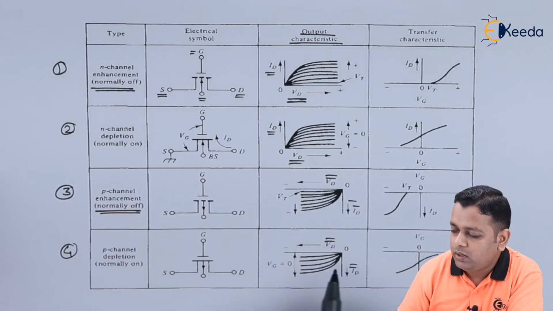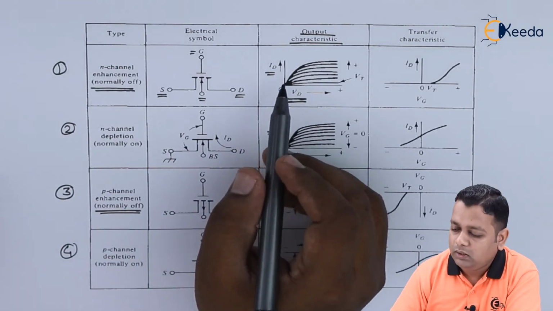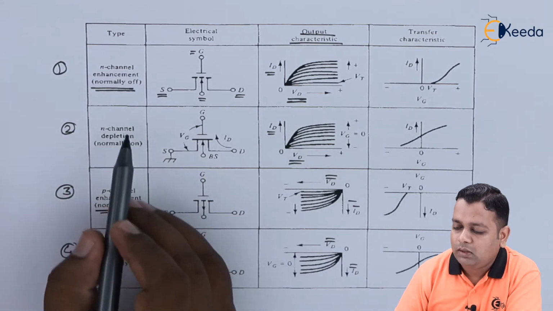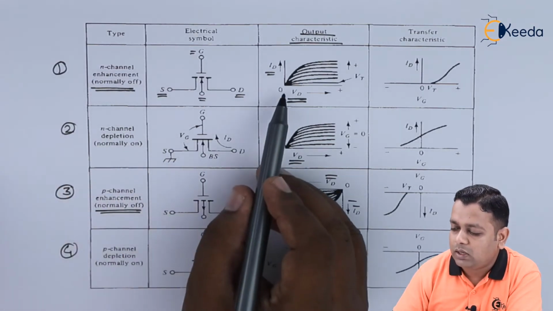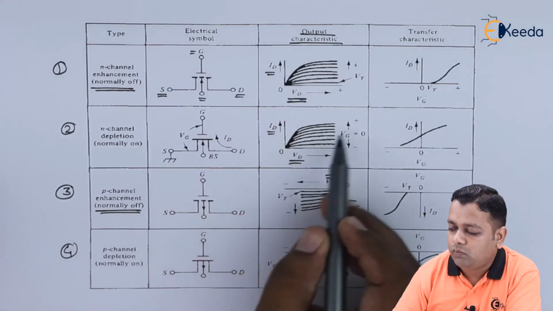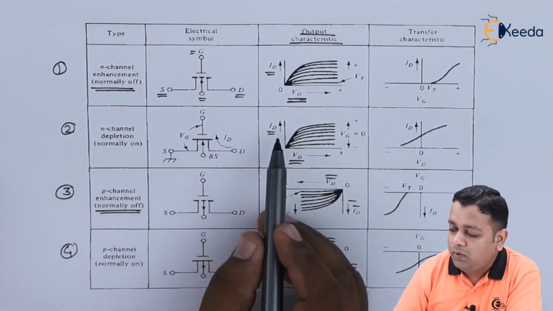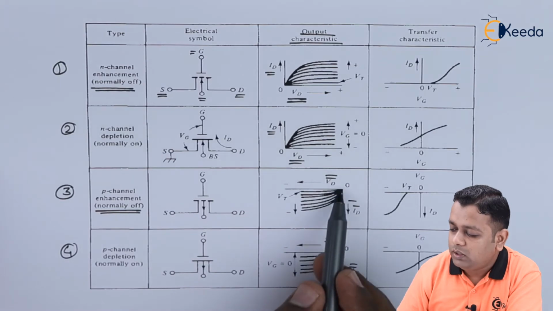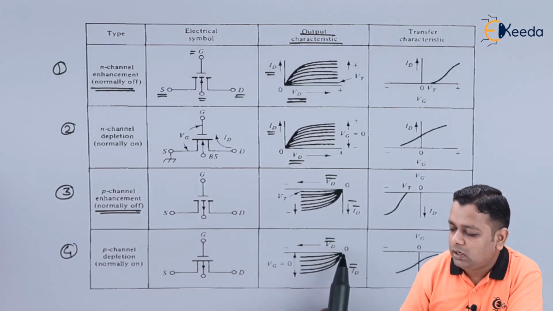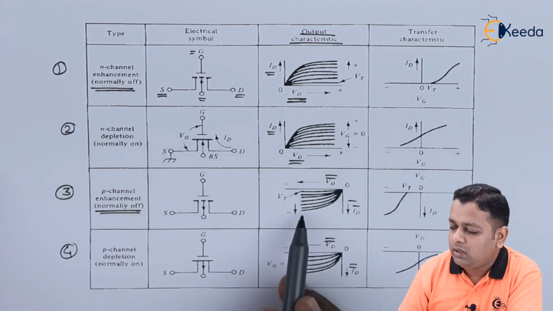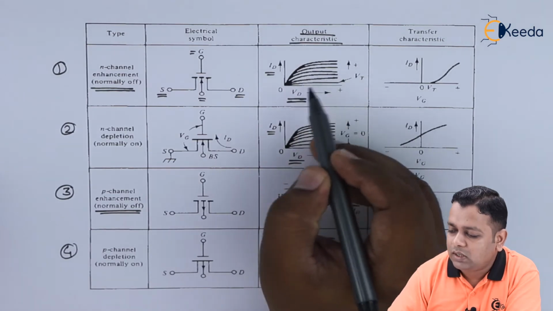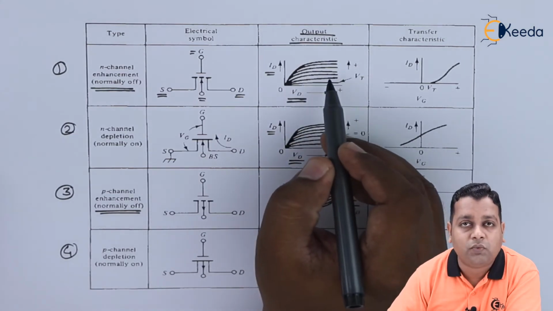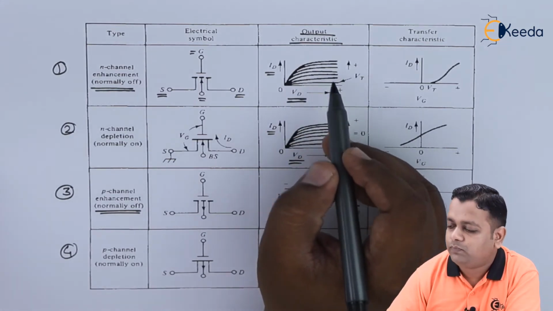When we are working with the N channel, either enhancement or depletion type, we get positive values for the drain current, whereas on increasing the drain voltage in the negative portion, we get the negative drain current as shown in these diagrams. So these are the various curves for constant values of the gate voltage.